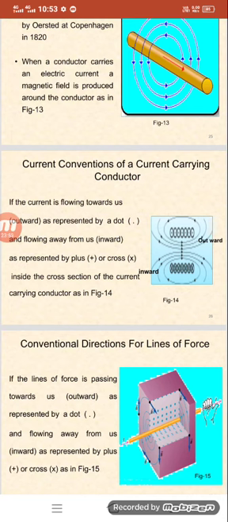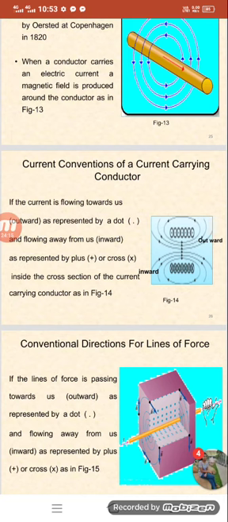Similarly, for the current flowing directions, suppose the lines of force are passing towards us, or outward.